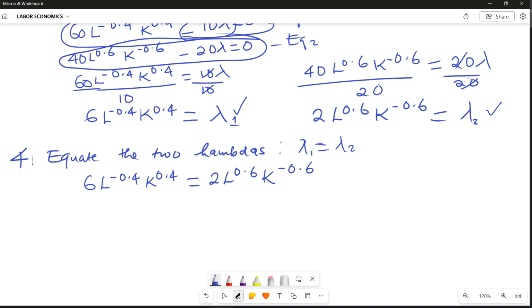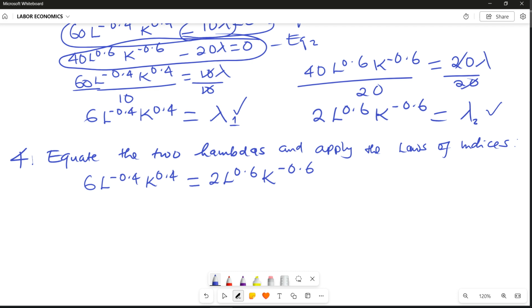Next, let me say you equate the two lambdas and apply the laws of indices. Now look at this. This is simple.